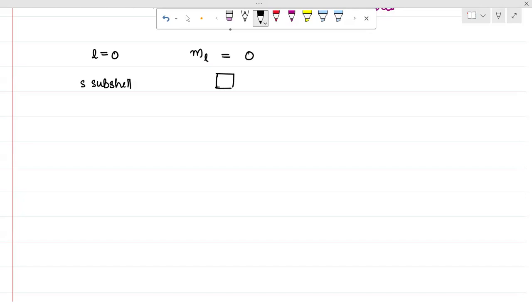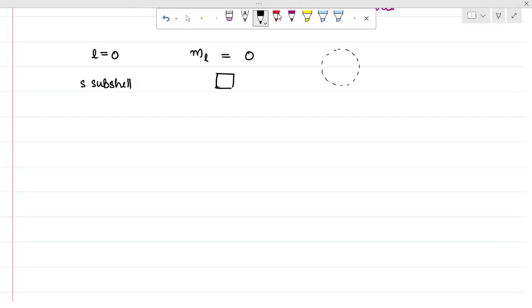I have just one orbital, and it has only one value, and the orientation is spherical. You need not learn about the orientation. I'm just giving you an idea. So the electron, if it is present in this subshell with an ML value of 0, it has got another address, another dimension, which means that it is now in an orbital which is spherical.